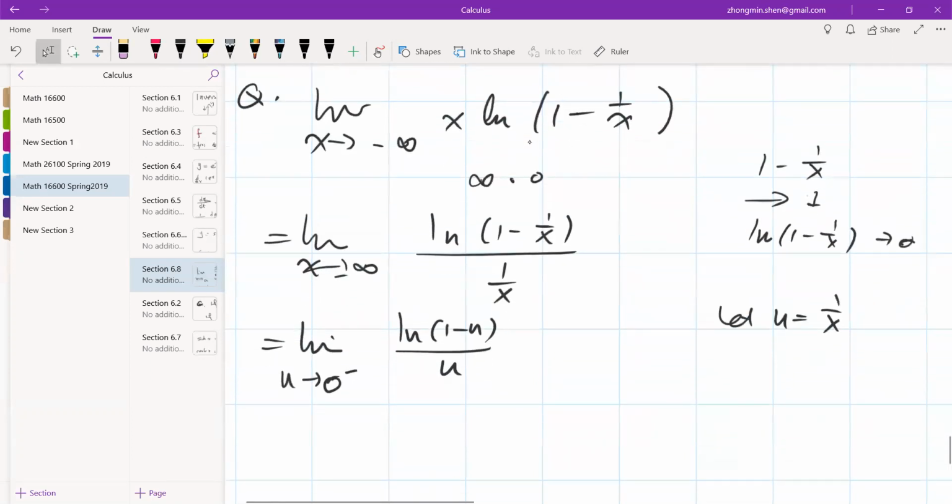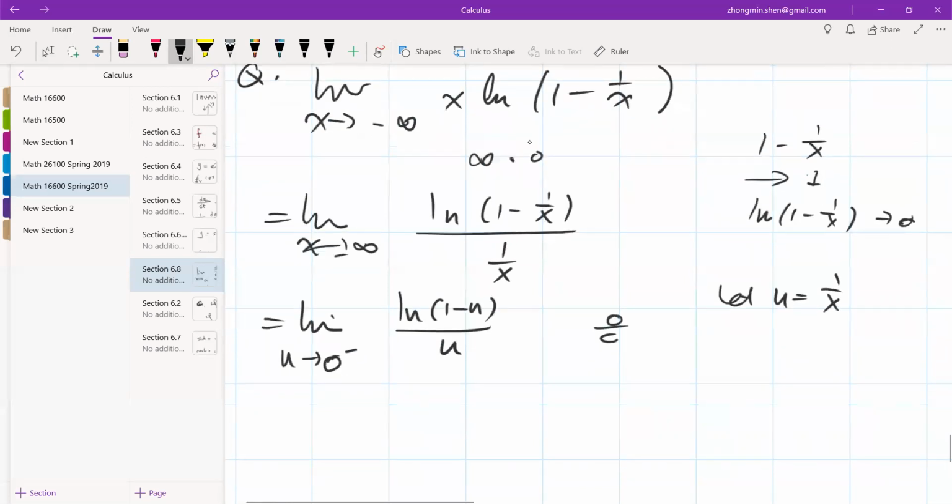Now this is 0 over 0 type, in quotient form, so you can apply L'Hopital's rule. The derivative of the numerator is 1 over 1 minus u times negative 1, because the derivative of 1 minus u is negative 1.